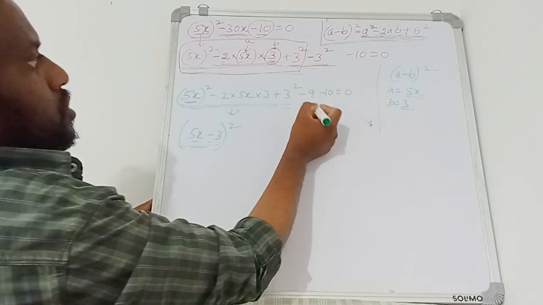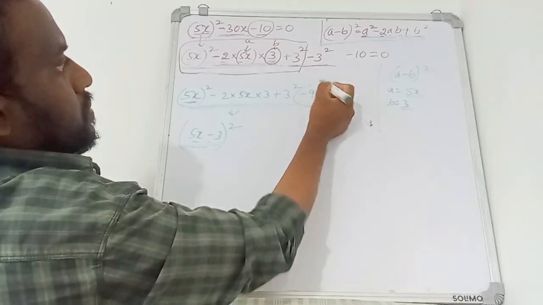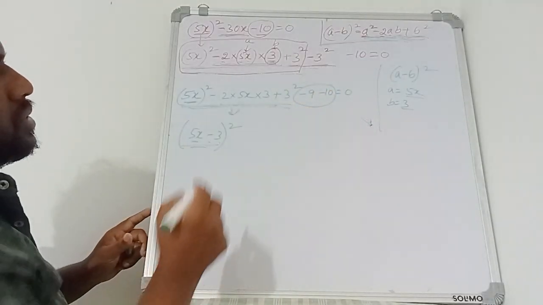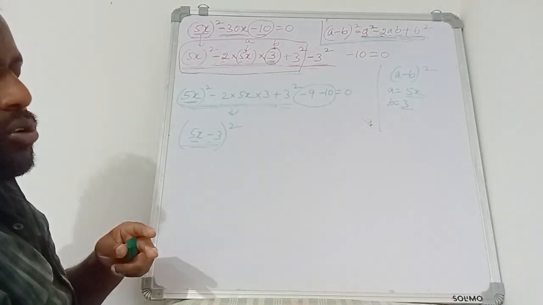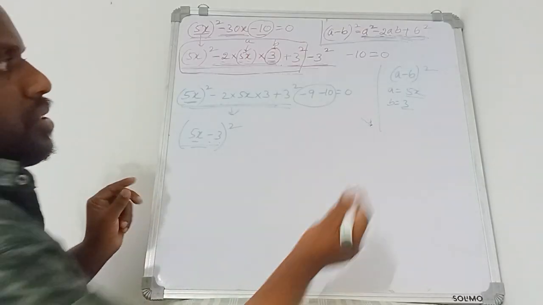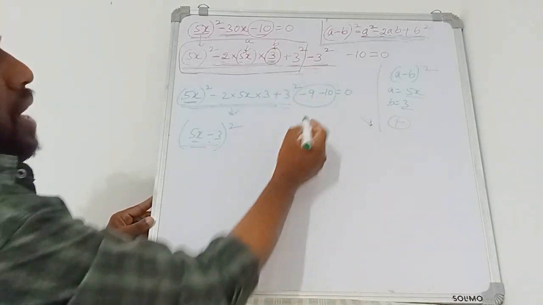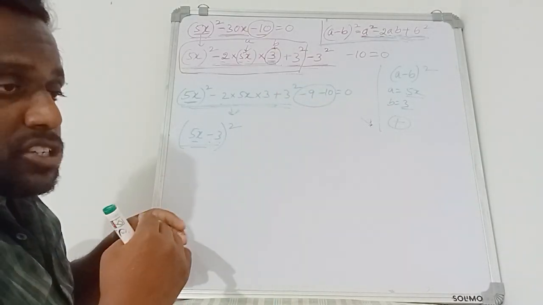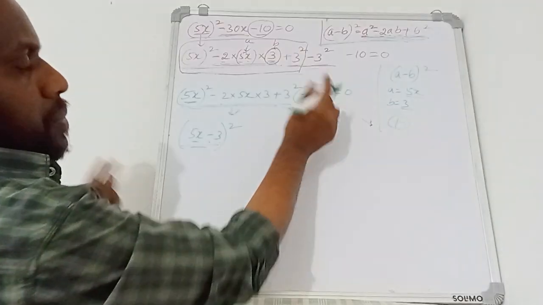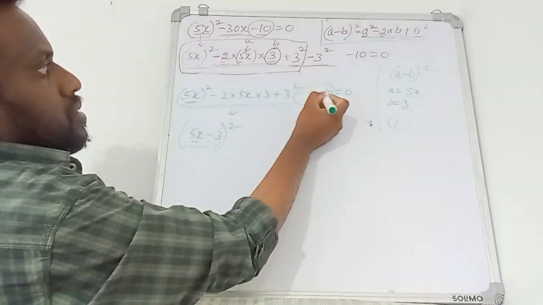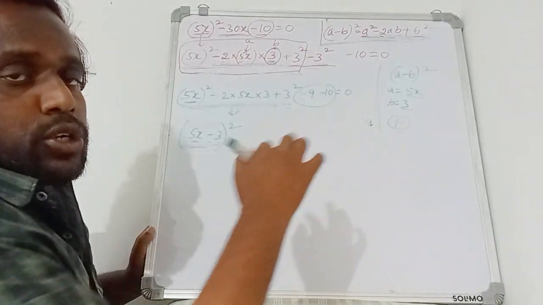Okay. Next, we have to simplify this part. There is a sign rule: if you multiply minus into minus, it will become plus. But this is not multiplication, we have to add actually. Minus into minus is plus, that is just rough work to make you understand.